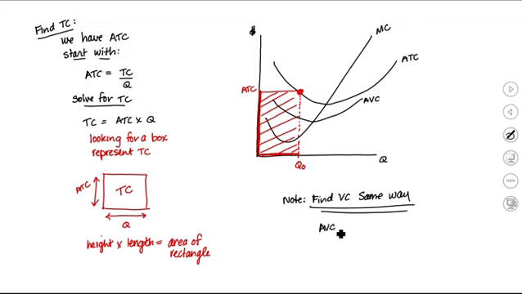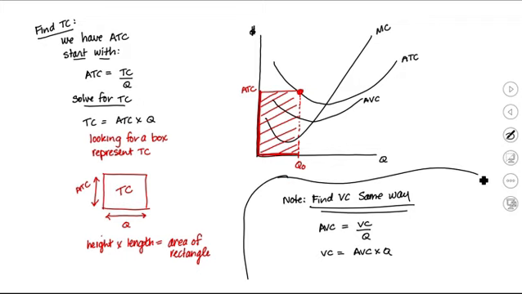We've got average variable cost equals variable cost divided by Q, which means variable cost equals average variable cost times Q. So we're looking for a box that's going to be variable cost, and it's going to have a height of average variable cost and a length of Q.